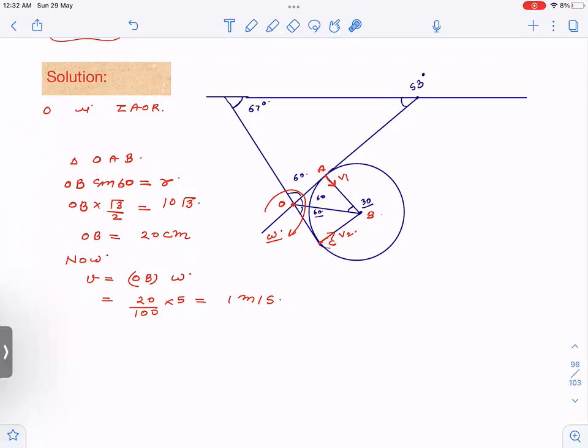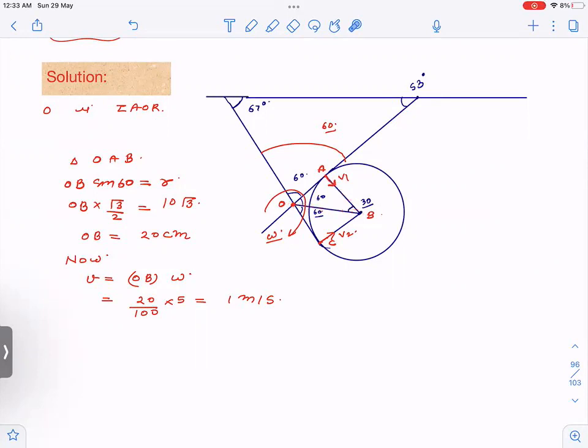From symmetry, 67 and 53 make this angle 60. Let me mark this here. This angle is 60, so the remaining angle becomes 120. From symmetry, this smaller angle becomes 60, and this also becomes 60. Since this is 60 and this is 90, because tangent and radius make 90, this becomes 30. That's it. This 60 is enough to calculate this.